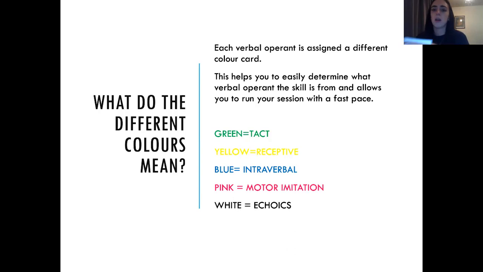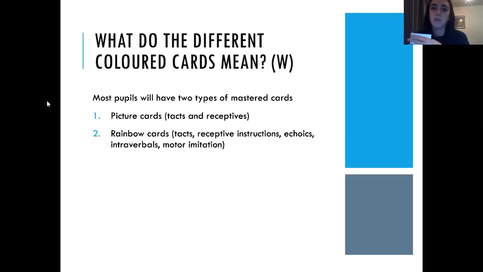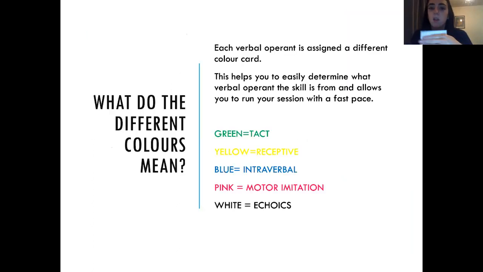So just coming back to our picture cards then. In terms of whether a picture card is mastered as a tact or a receptive, it will have a colored sticker on the back. If it's mastered as a tact, it will have a little green sticker on the back.